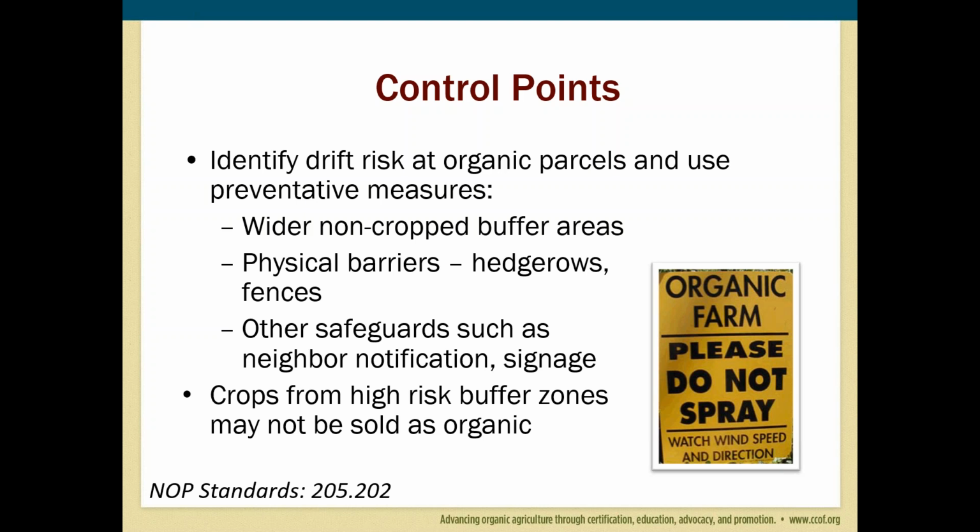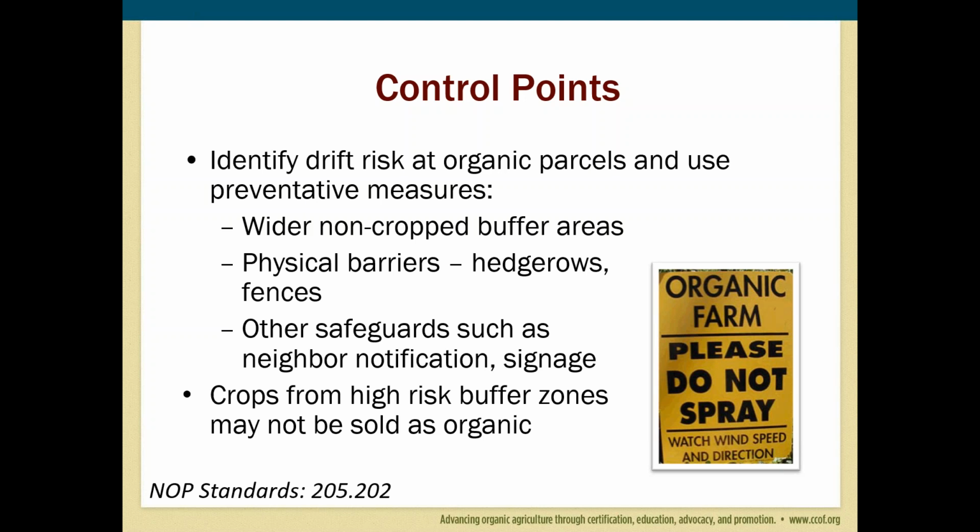Some farms even have reached site-specific agreements with their neighbors, for example, about who's going to do weed management along a shared fence line and how that weed management is going to be done. So again, site-specific, each farm figures this out for their own situation.